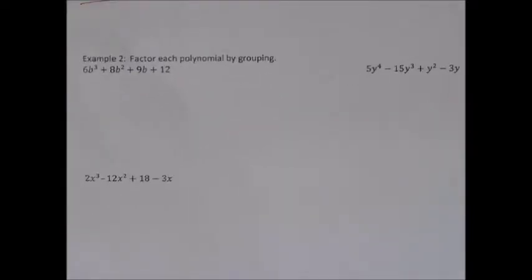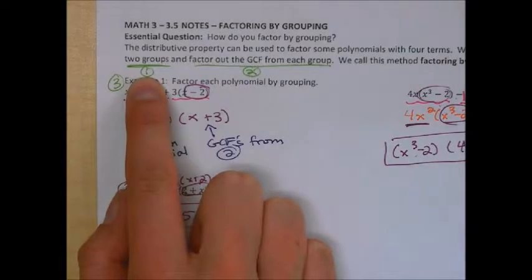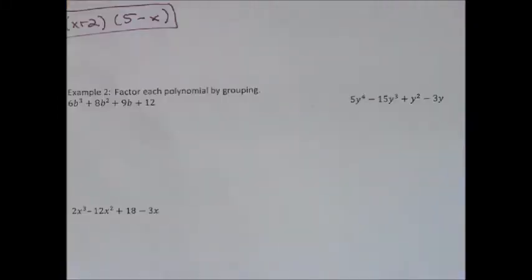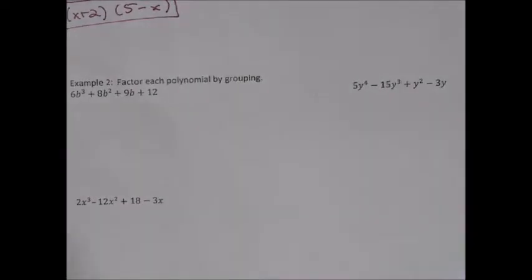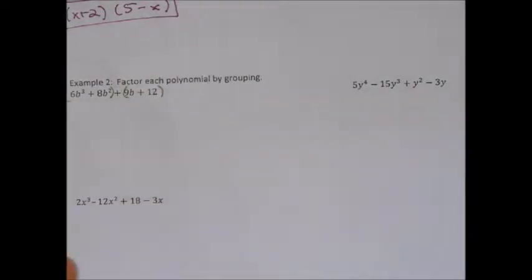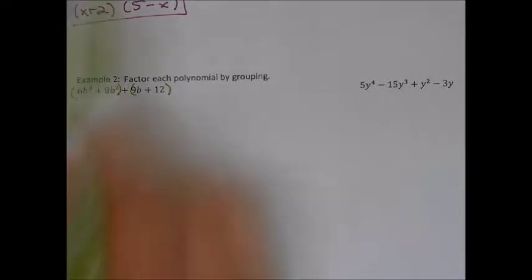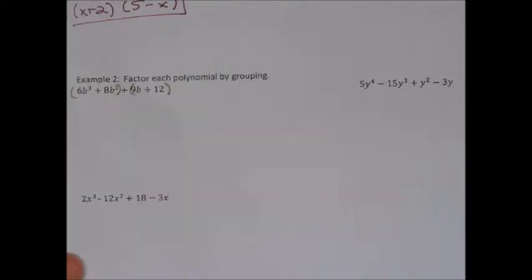So now we're going to do the whole process. Step 1, 2, and 3. So from our directions, step 1, we make 2 groups. Step 2, if you look back to what we underlined for step 2, factor out the GCF from each group.